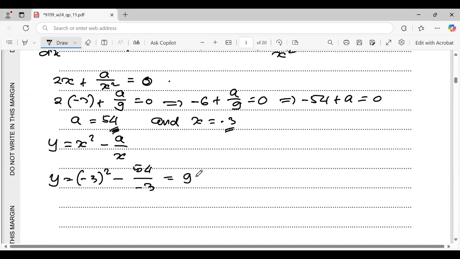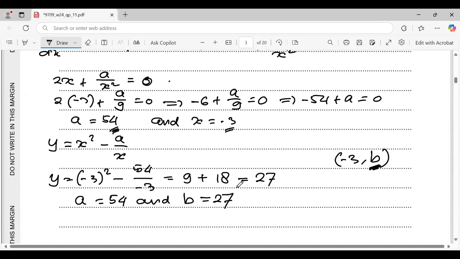It's going to be 9, and minus and minus becomes plus, 54 divided by 3 becomes 18, and it is 27. 27 is the value for b based on the coordinate point. Recall that the coordinate point is (-3, b). So we can state that a equals 54 and b equals 27.